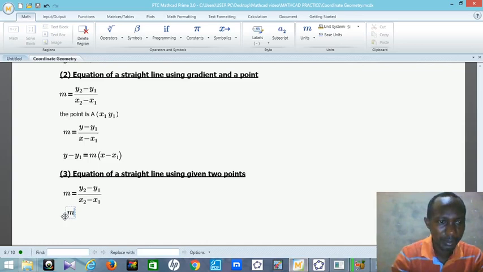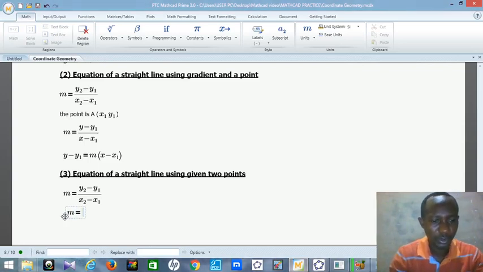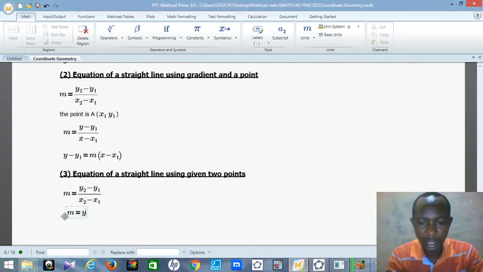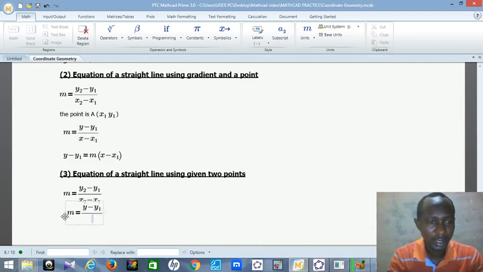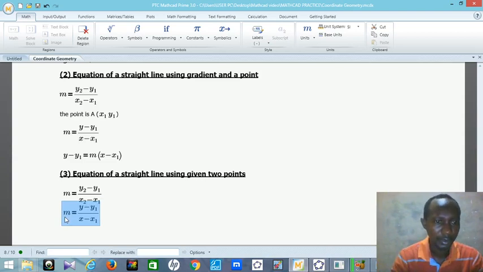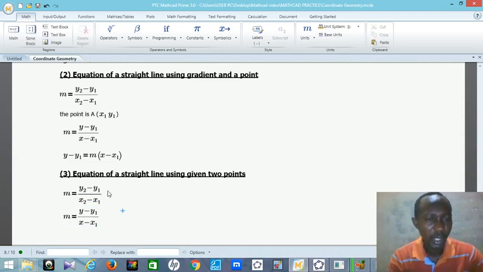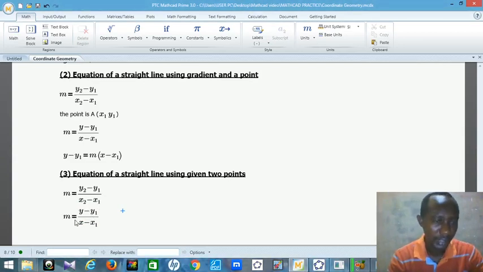gradient, which is m, is also equal to y minus y1 divided by x minus x1. So this is what I'm talking about. Since gradient is equal to y2 minus y1 divided by x2 minus x1, gradient also is equal to y minus y1 divided by x minus x1.